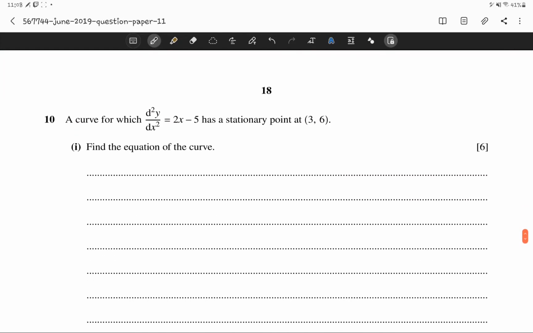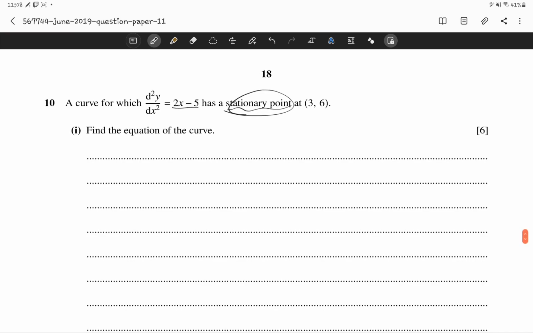Okay, a curve for which the double derivative, I'm not sure if we call it like that, is 2x minus 5, has a stationary point. I'm not sure what that means. Well, I know what this means, but this as a whole. Stationary.